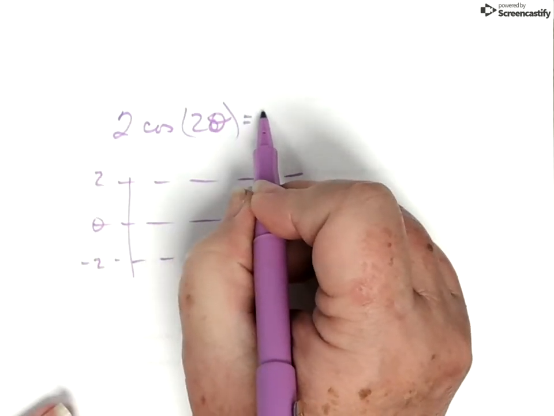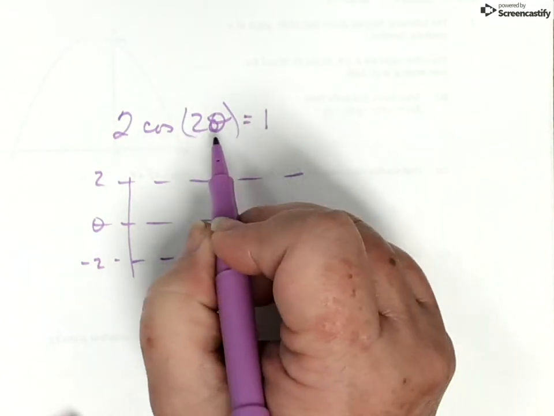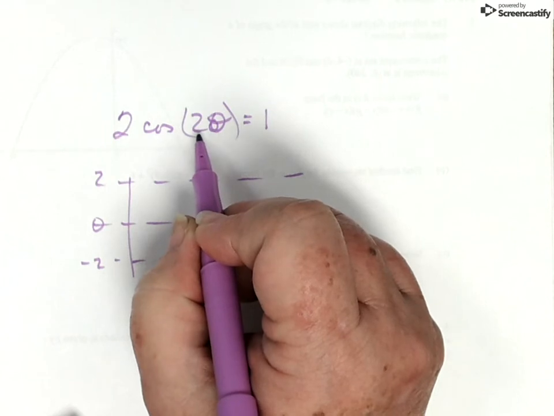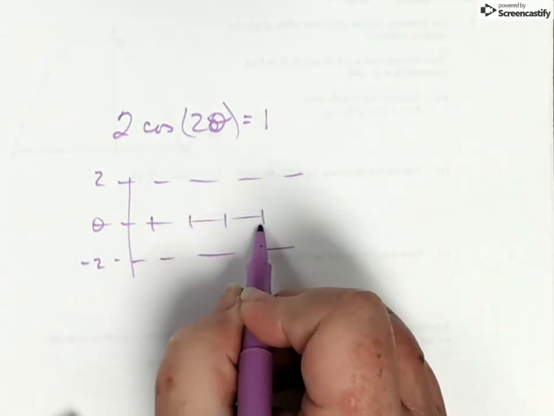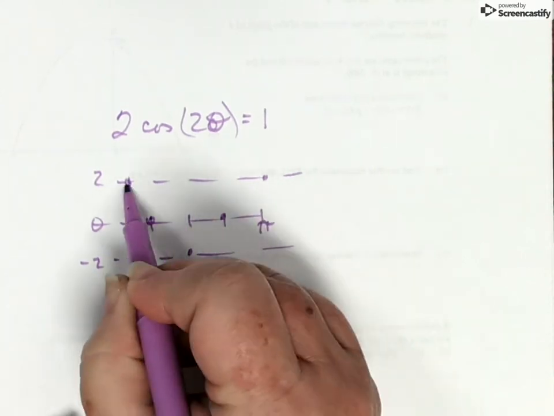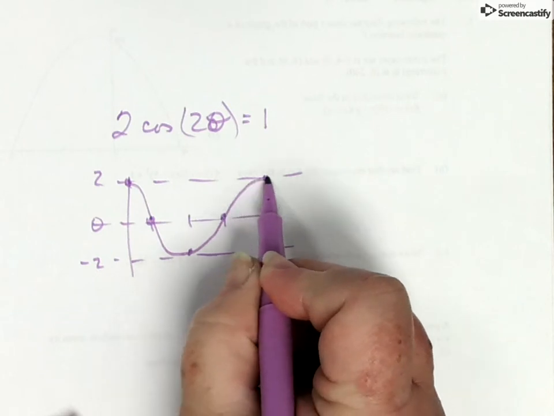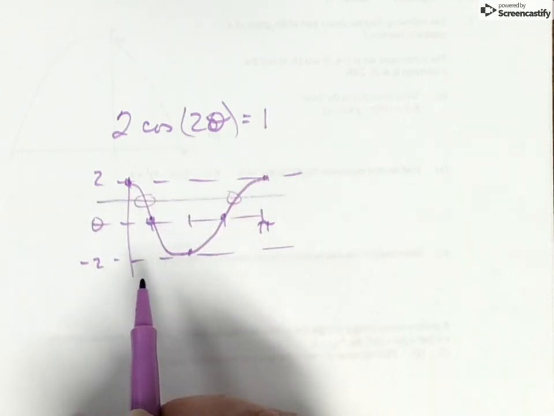And I want to know where that equals 1, because once we move the 1 over, that's what we had. The period is equal to pi now. So I'm going to go 1, 2, 3, 4, draw my cosine curve in, and I know that it's going to cross 1 in 2 places, right there.